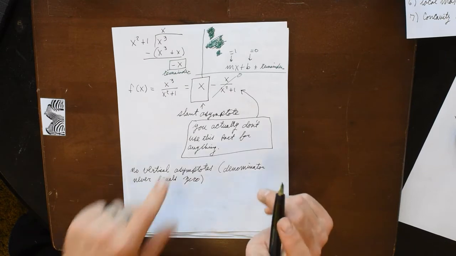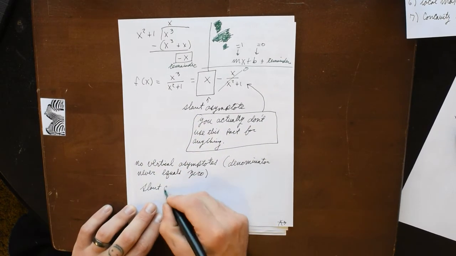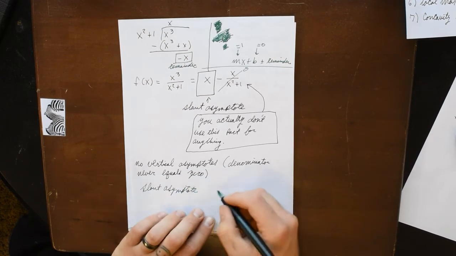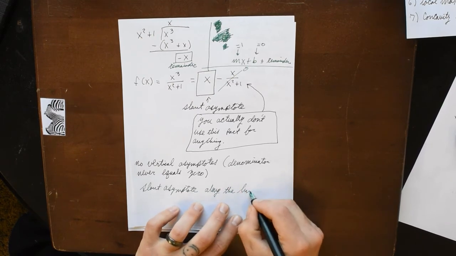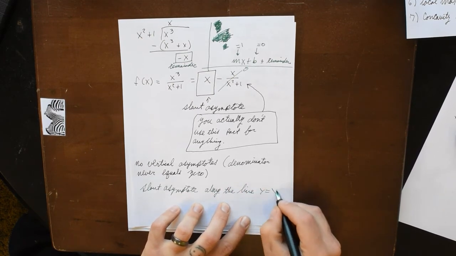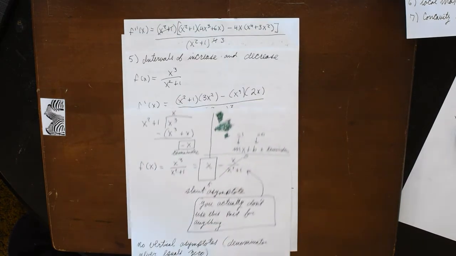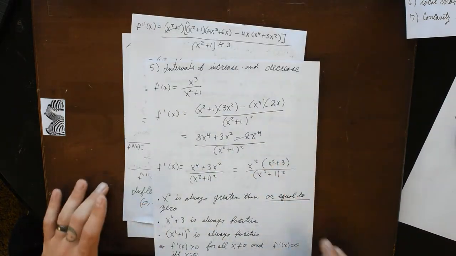So we know we only have one slant asymptote along the line y is equal to x. Perfect. So now that we have our slant asymptote, we move on to 5.